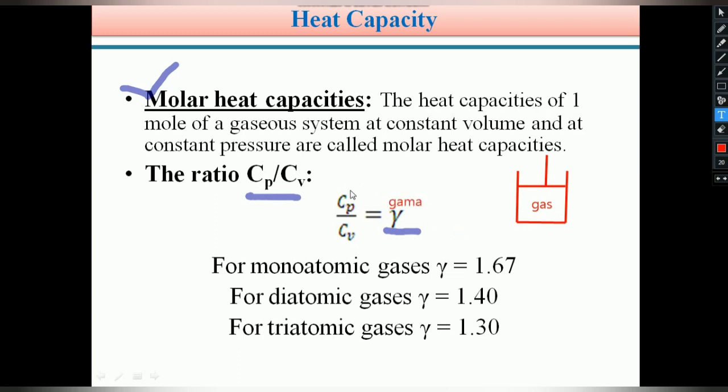So Cp by Cv, heat capacity at constant pressure by heat capacity at constant volume, is equal to a constant, and that value is known as gamma. Therefore, the ratio of molar heat capacity at constant pressure and molar heat capacity at constant volume is equal to gamma.